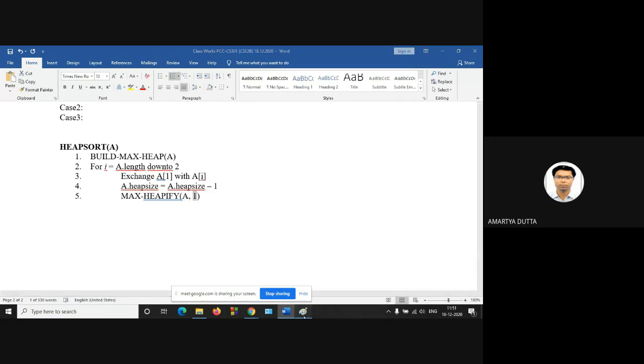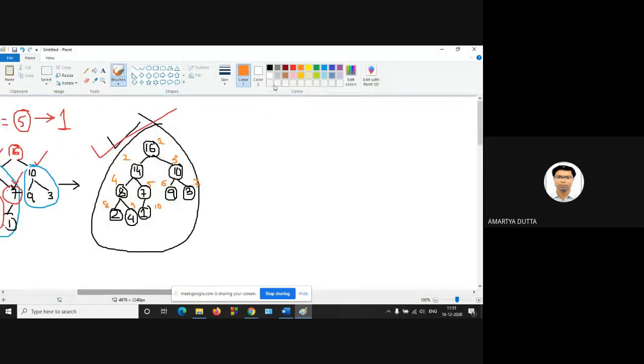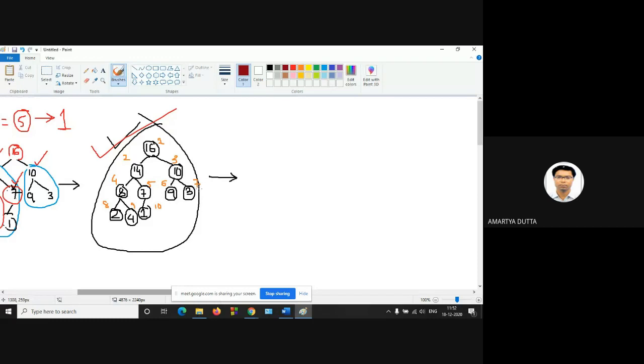Okay. So first of all, now according to the rule, first exchange A1 with A i. So for i, what will be the value of i initially?